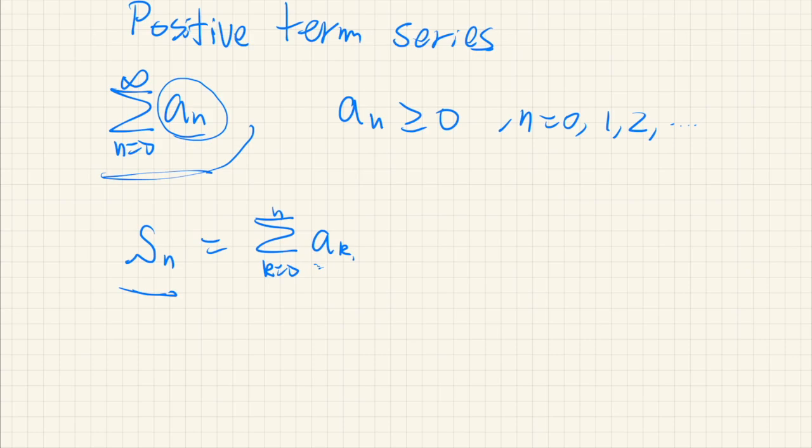So if this sequence is bounded above, then according to the monotone convergence theorem, this will converge to some finite value. If you don't remember the monotone convergence theorem, please review it.